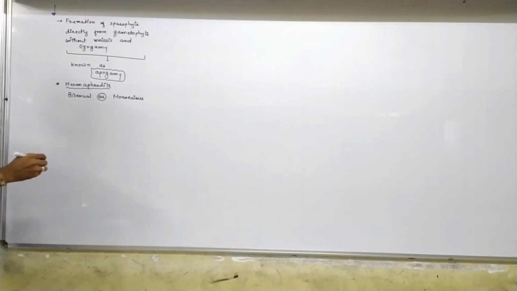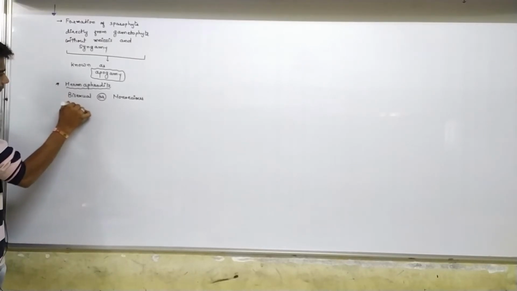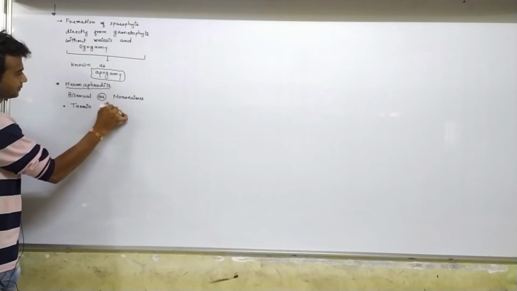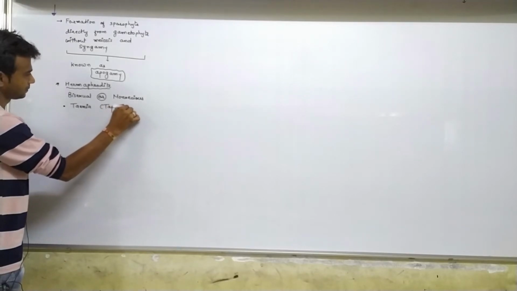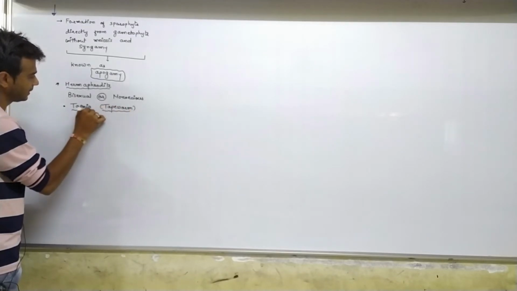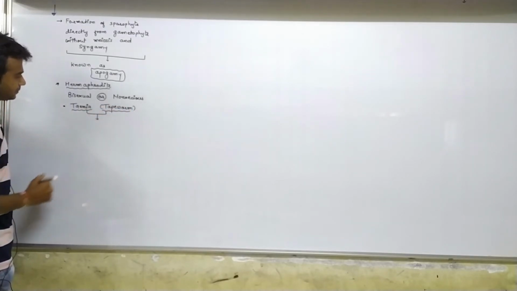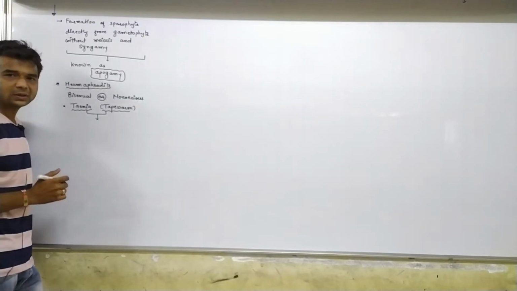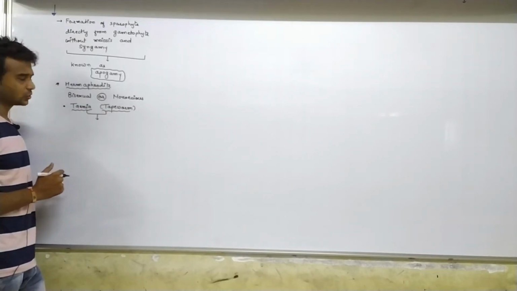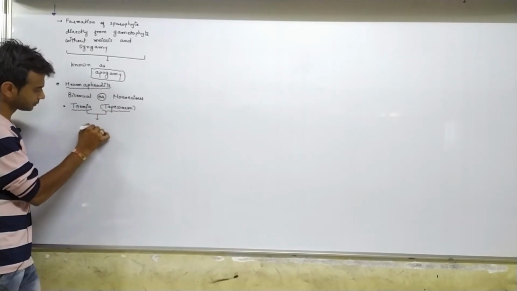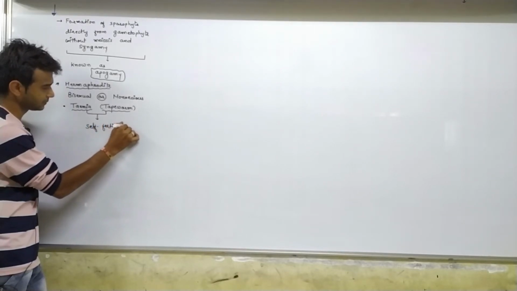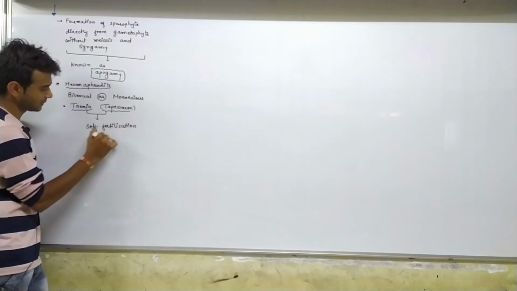Here in Taenia, the tapeworm, there is fusion of the male and female gametes of the same animal. So we say that self-fertilization is common.